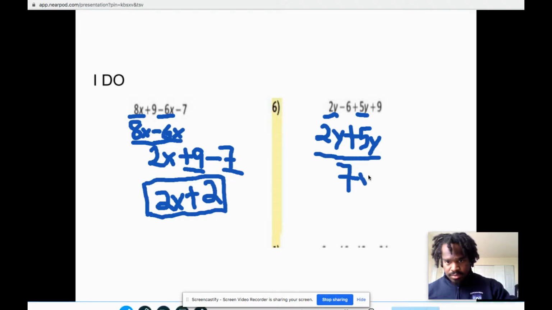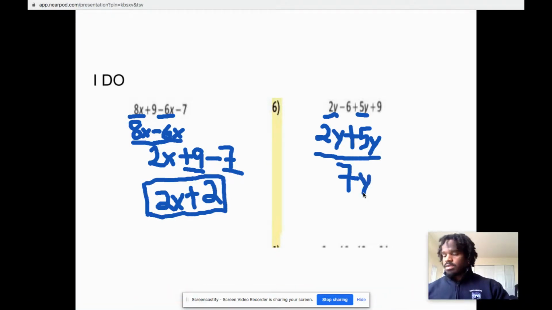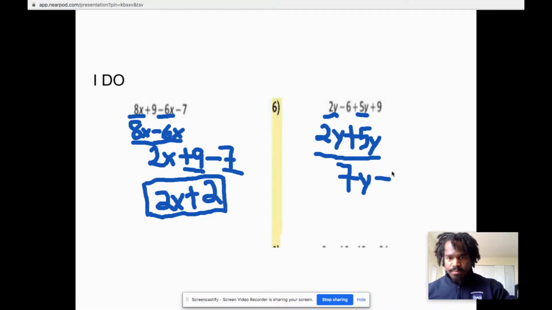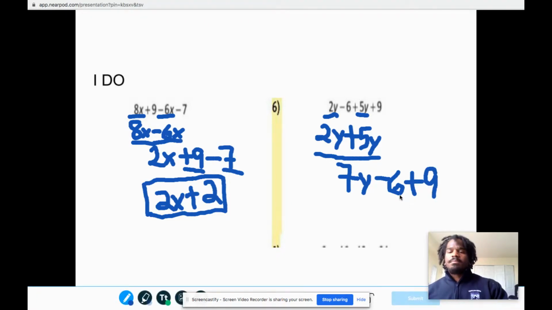And next, we have to bring everything down. So we have minus 6 plus 9. Minus 6 plus 9. Which is going to be, if we have minus 6 or a negative 6 and we're adding 9, we can think of it two ways.